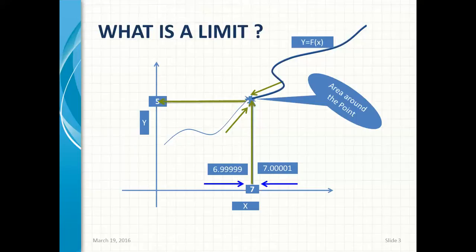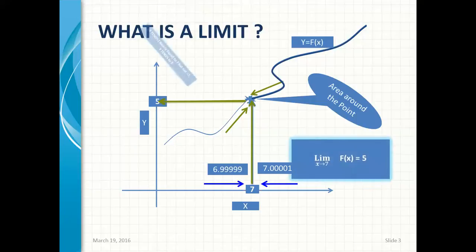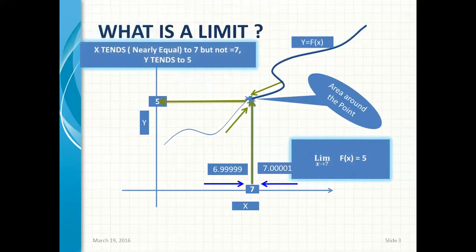So again, when I approach this point from 7.0001, I go to the curve f(x), I get the value of y as 5, which means either way, x less than 7 or slightly more than 7, which I say limit x tends to 7, I get the value of f(x) is equal to 5.